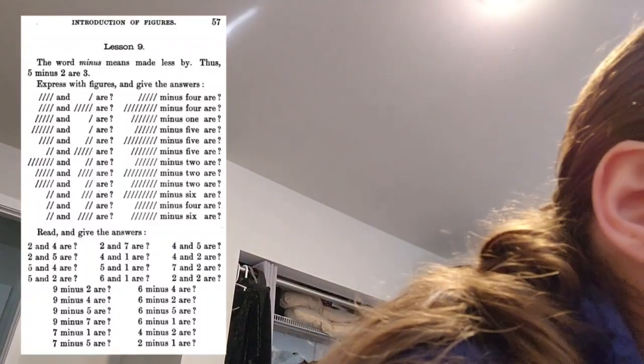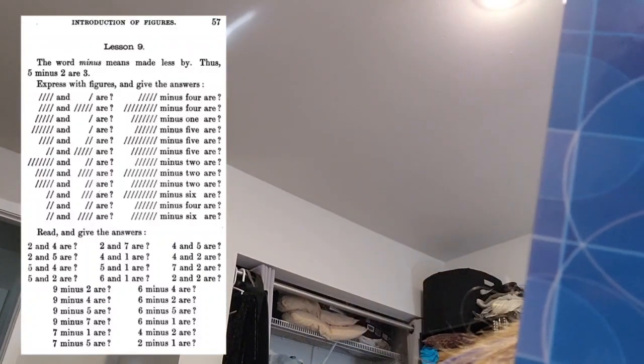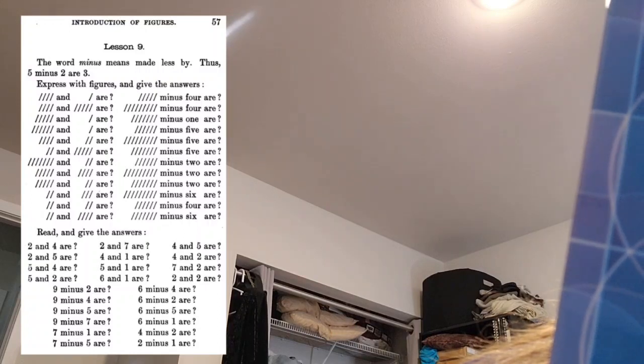Okay. 4 and 1 are 5. 4 and 5 are 9. 5 and 1 are 6. 6 and 1 are 7. If I'm counting these up right, my eyes are getting all wonky right now. 4 and 2 are 6. 2 and 5 are 7.